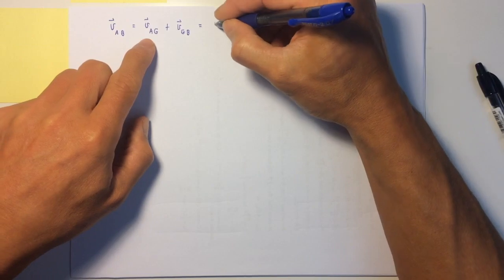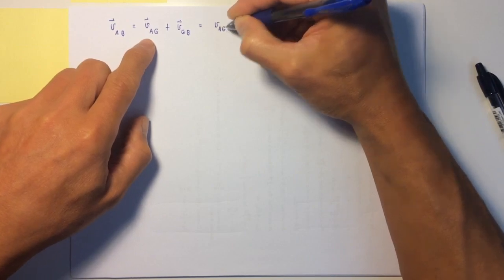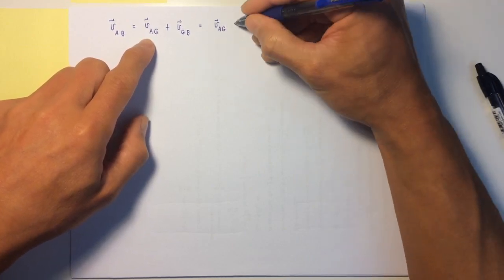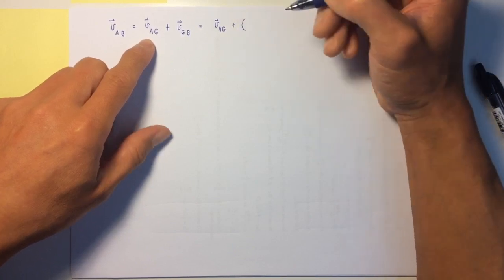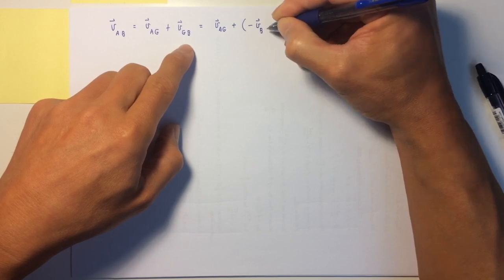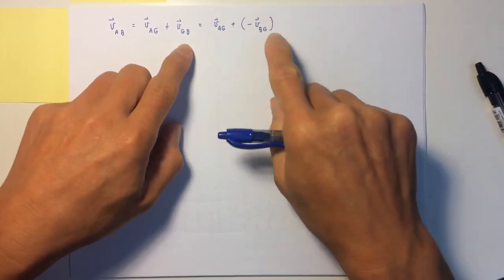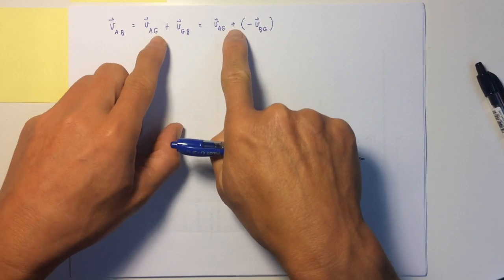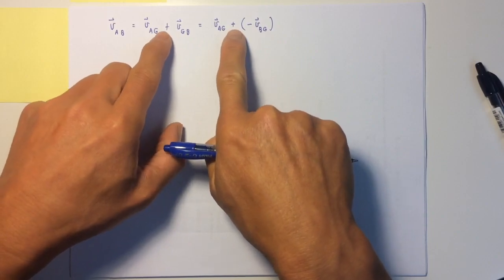So let's rewrite this. This is the velocity of car A relative to the ground plus the opposite of the velocity of car B relative to the ground. Can you see I switched the order of the indices, but I'm still adding, but now I'm going to add the oppositely directed vector.